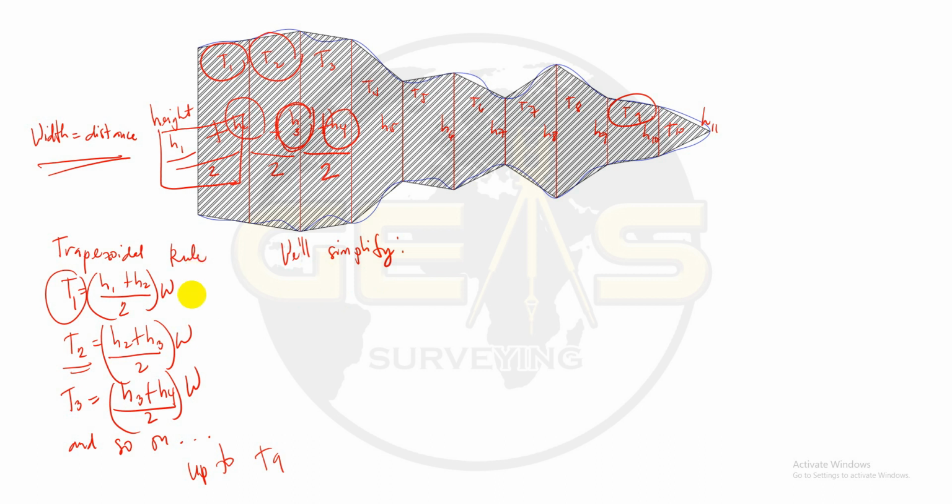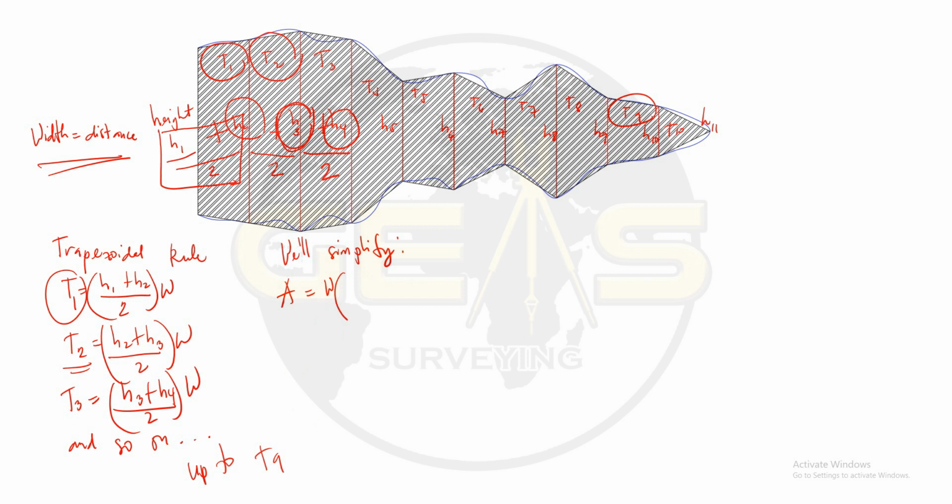We have a common distance. So the area is equal to the common distance or width times the summation of heights divided by 2.